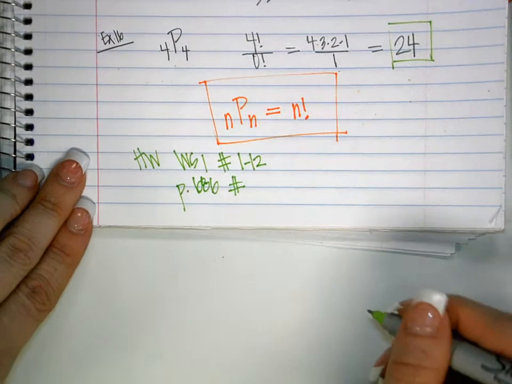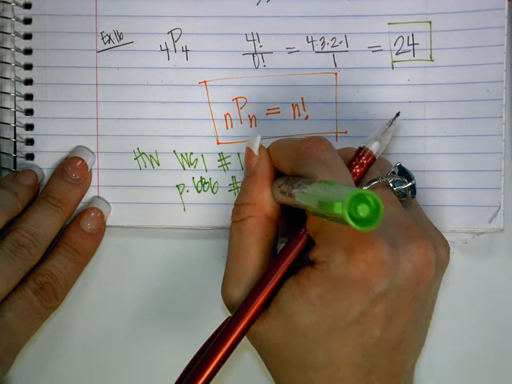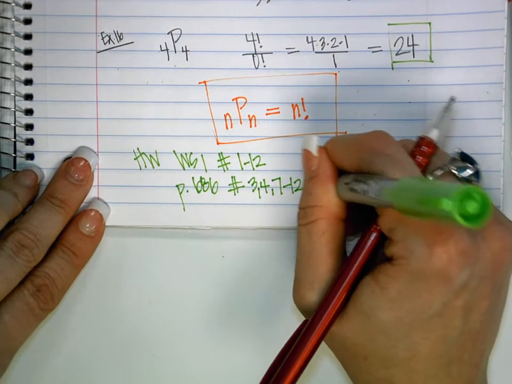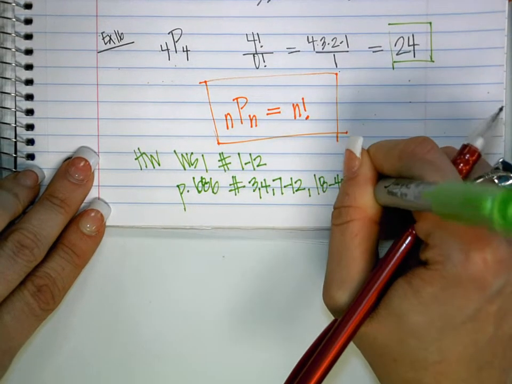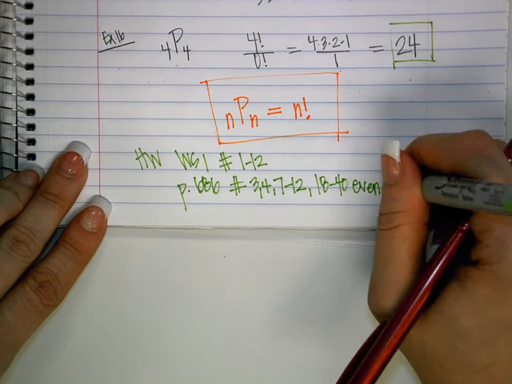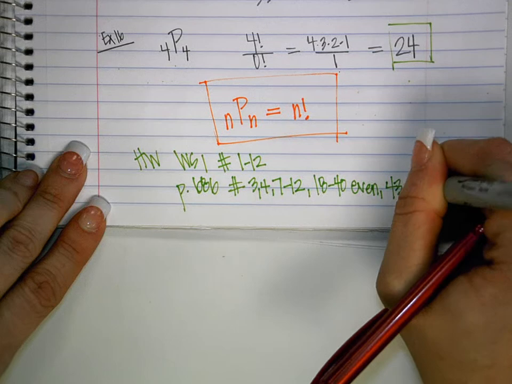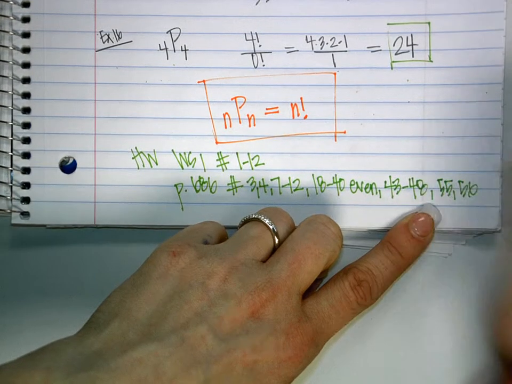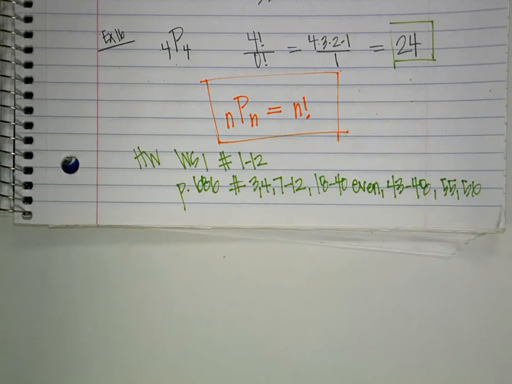Numbers 3, 4, 7 through 12, 18 through 40 even, 43 through 48, and 55 and 56. That's it.